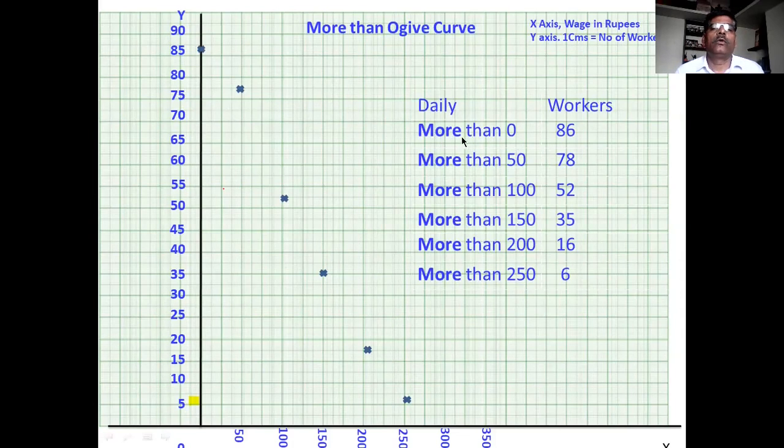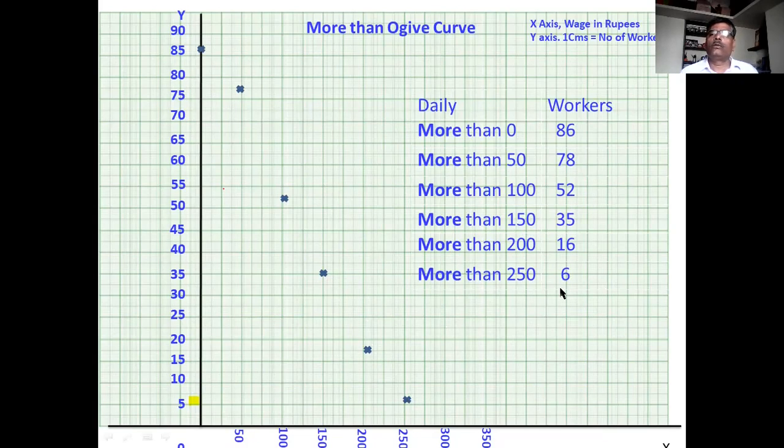For the more than curve, at the 0 level, 86 is the value. Then at 50 level 78, then 100 level 52, then 150 level 35, then 200 level 16, and 250 level 6.